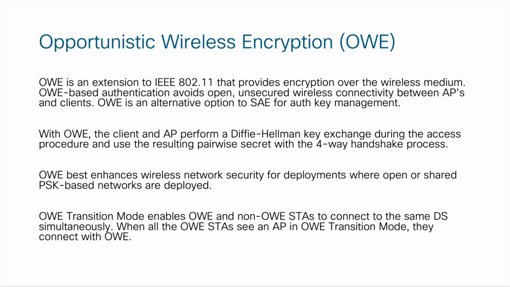Additionally, OWE transition mode can be enabled, which will enable OWE and non-OWE stations to connect to the same data source simultaneously. With OWE transition mode enabled, when all OWE stations see an AP in OWE transition mode, they will automatically connect with OWE to that AP.